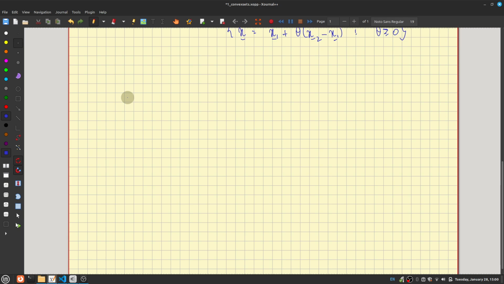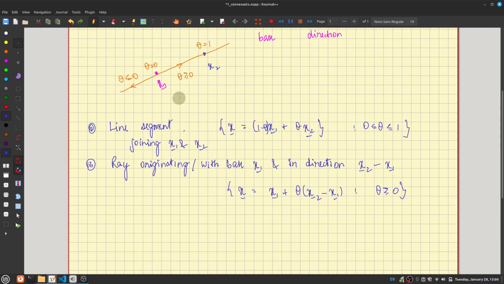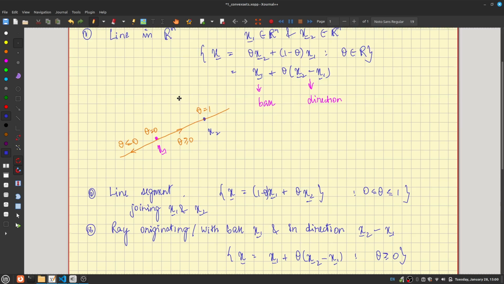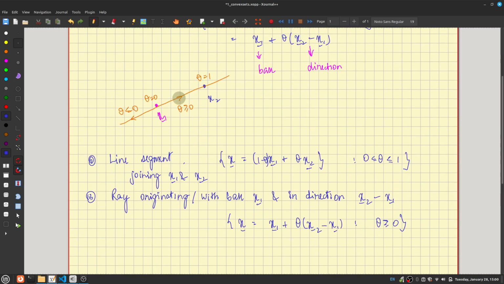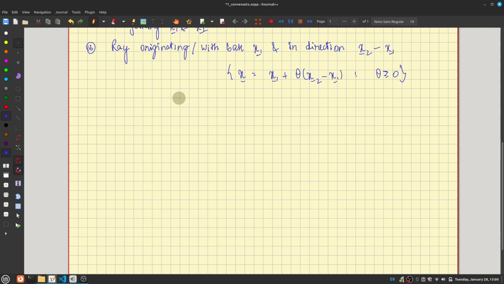A convex set is just going to be a set such that if you take any two points, then the line segment that joins these two points should also lie within the set. And based on whether it contains all possible lines or line segments or rays, we classify sets into the following.